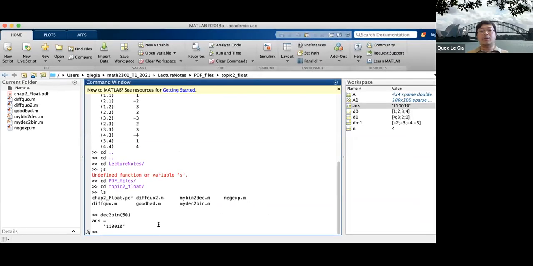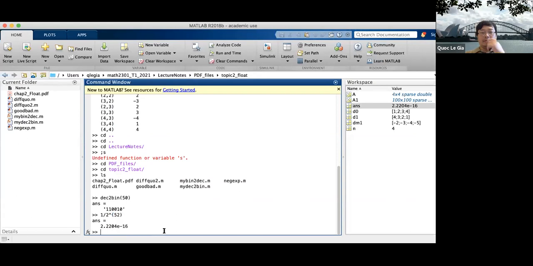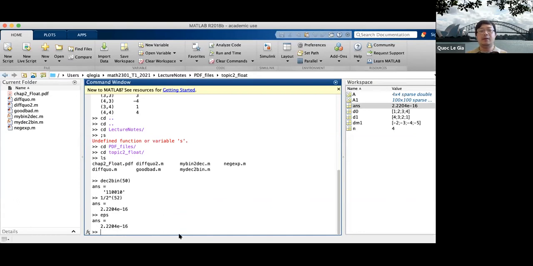You type in 1 over 2 to the 52. You see 2.2e-16. There is also a command in MATLAB called eps, and you see exactly the same. But now look at this one.